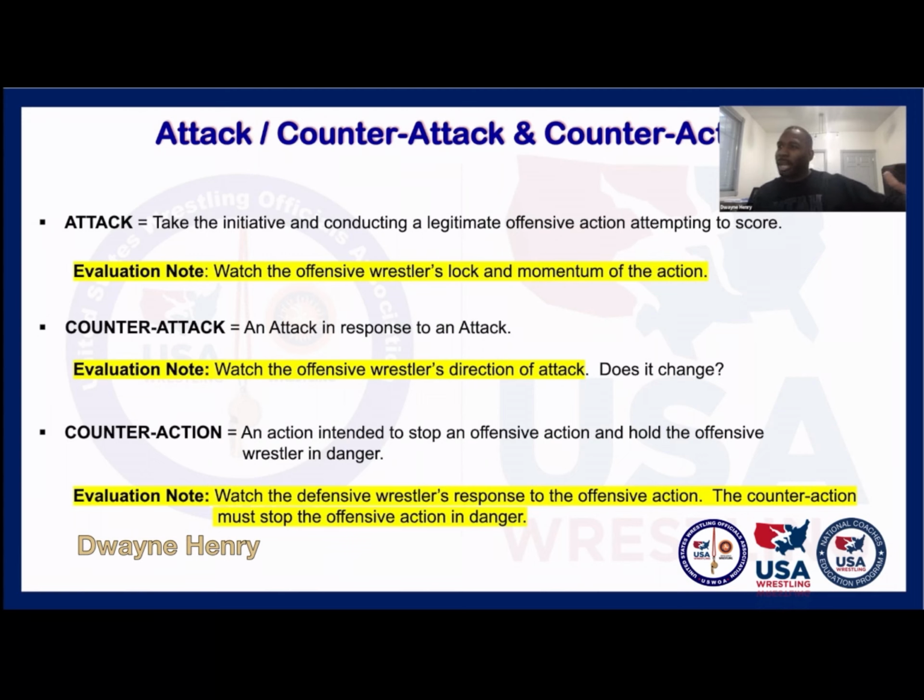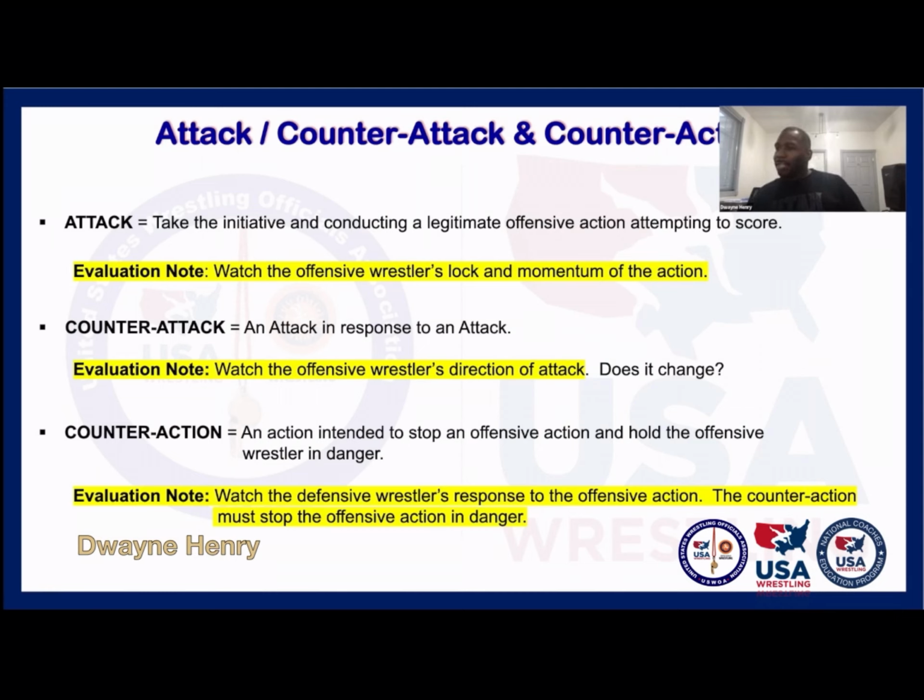A couple of cues that help us determine whether it's an attack, a counterattack, or an action would be the direction the attack went and if it possibly changed. So with that same double leg, one guy shoots a double leg, the other guy cross faces him, puts him in the middle, goes chest wrap, and then runs his feet in the opposite direction, right, to hit the chest wrap that the double leg was originally going. That cues us in on where things are going, whether it may be an attack or a counterattack.